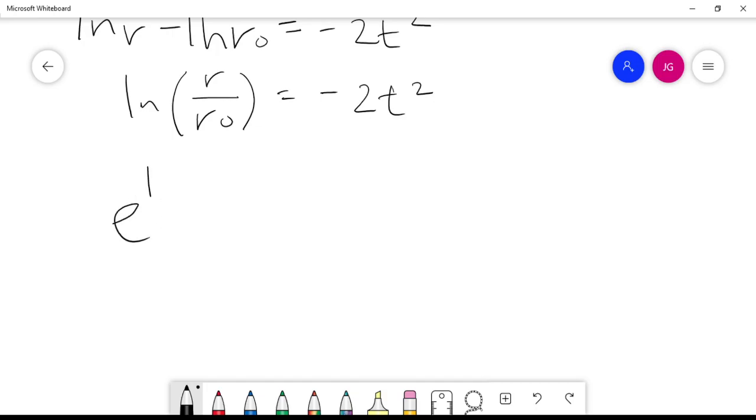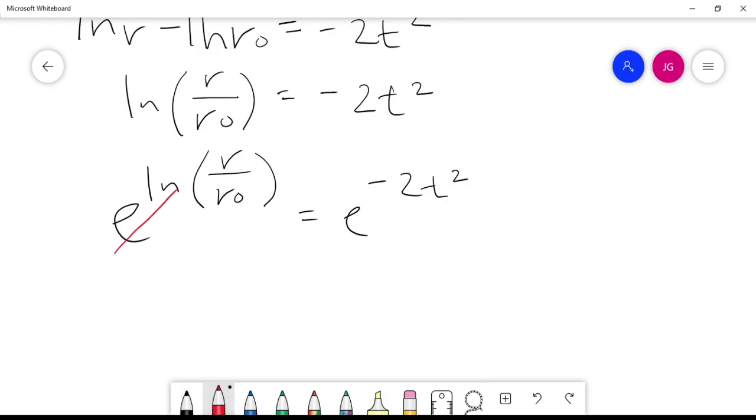So e raised to ln, then r over r0 is equal to e raised to negative 2t squared. Okay, we know that e raised to ln is equivalent to 1. Okay, and we have the equation r over r0 is equal to e raised to negative 2t squared.